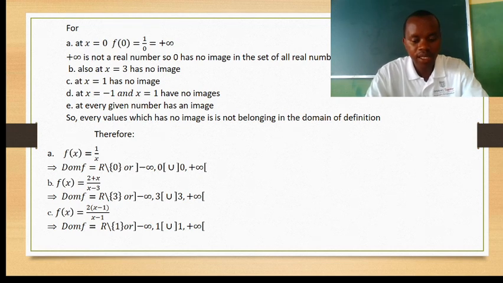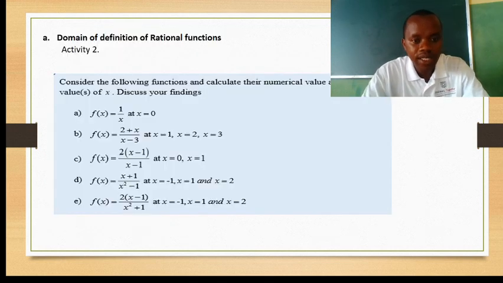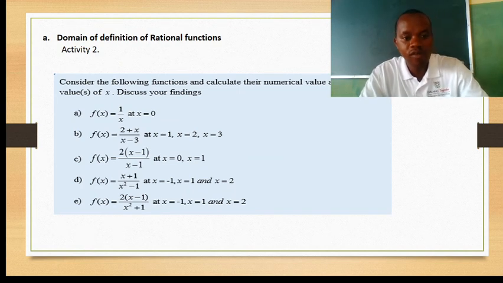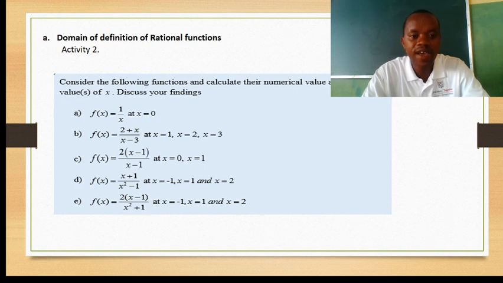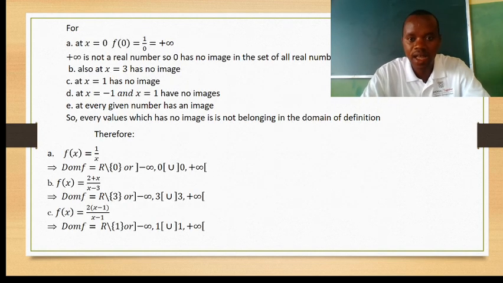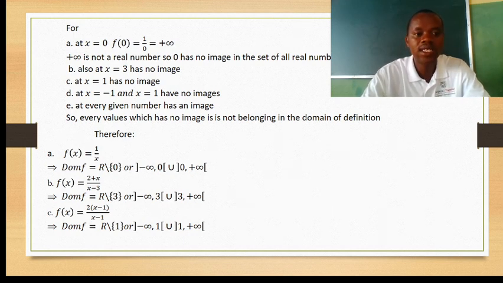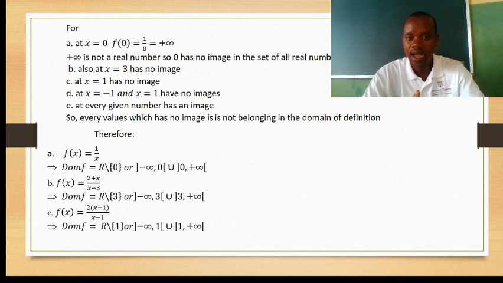For B, we are asked to calculate f of 1, f of 2, and f of 3, and then we think critically about the answer. You have seen that the other numbers have the image, but x equal to 3 has no image in the set of real numbers.